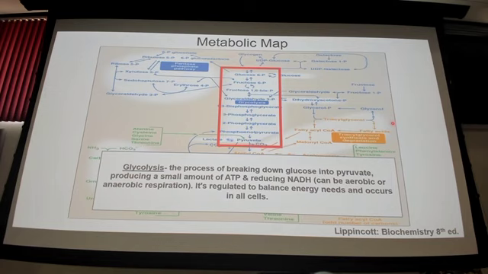Glycolysis is the oxidation of glucose into two pyruvate molecules, and it produces a small amount of ATP, and it produces NADH, which also is an energy reservoir because it is transported into the mitochondria, into the electron transport chain, and is involved in the production of more ATP molecules.